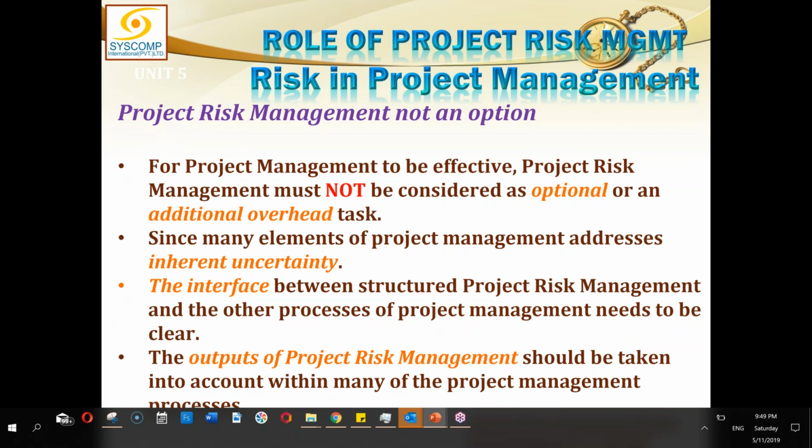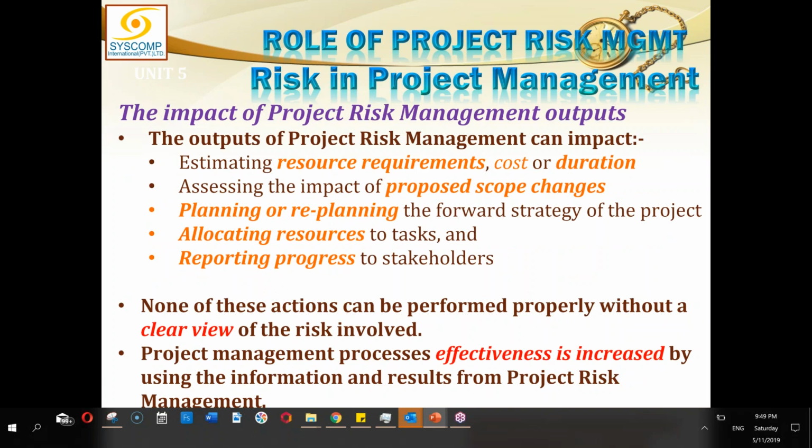Later on, when all the risks have been identified and thoroughly analyzed, they could be made part of the overall project management plan. The outputs of project risk management should be taken into account within many of the project management processes. So many of the 49 processes of project management will be affected by project risk management. Impact of project risk management outputs.